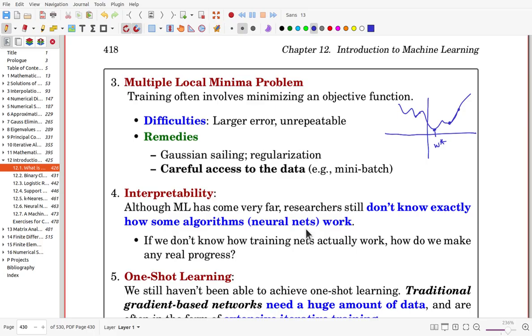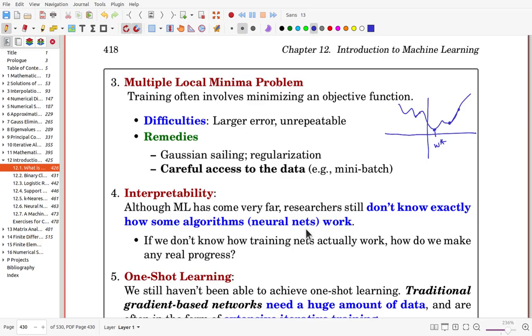And also, sometimes machine learning algorithms are used for criminal investigation. If the suspected person is not really a criminal, but the machine learning algorithm says that's the terrorist, then it can be a really big problem.